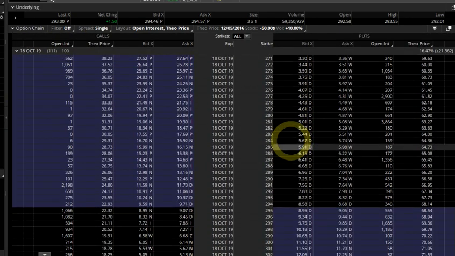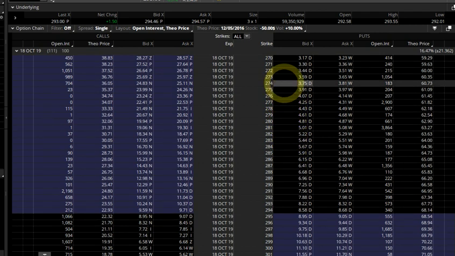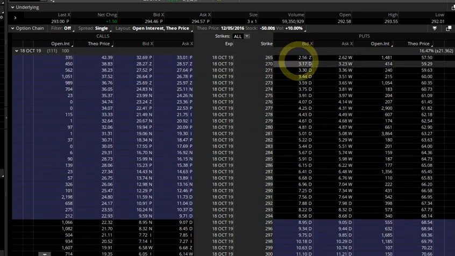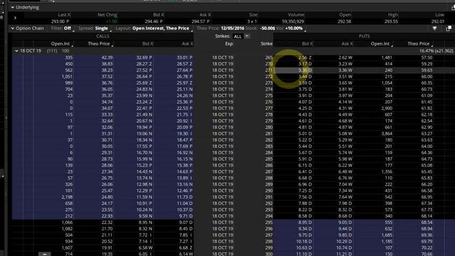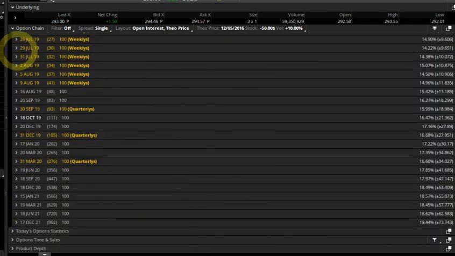Might not be enough time, but the 270 is $3. I don't know why there's so much difference between the December and the October. The 270 is like $3, so that's pretty affordable. Maybe by the time it completes its move, a lot of money will have leaked out of those Decembers. And it's only 85 more days, but man, was that expensive.